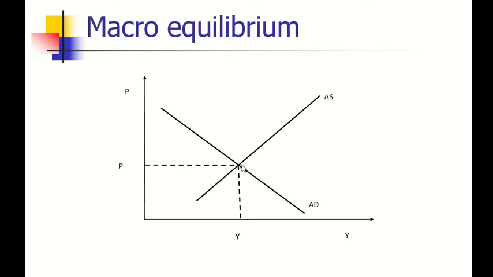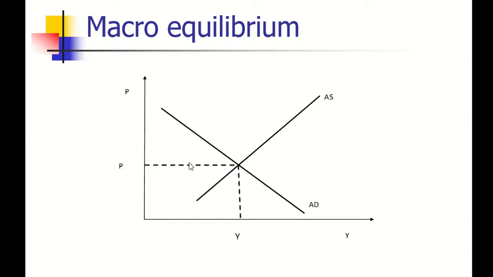Okay? So when these two curves cross, the intersection between the aggregate demand and aggregate supply curve gives us the equilibrium. In macroeconomics, we call this the macroeconomic equilibrium or macro equilibrium.